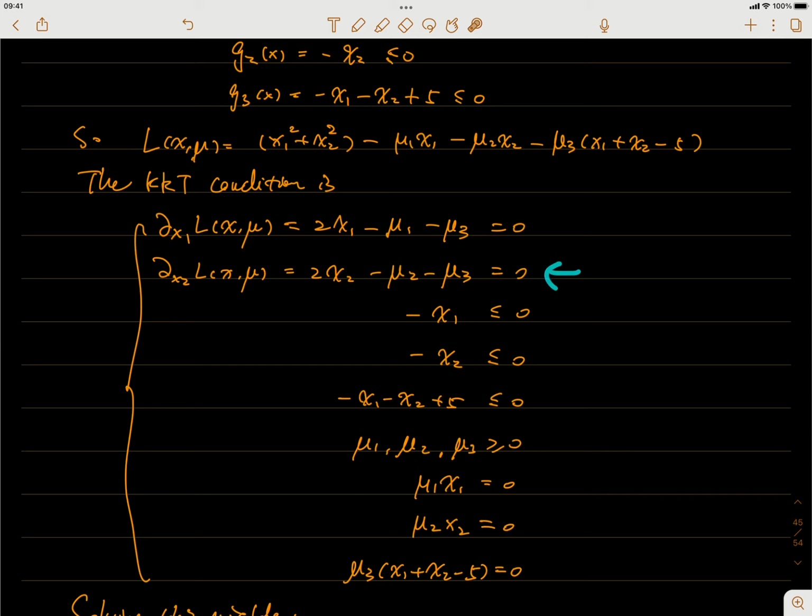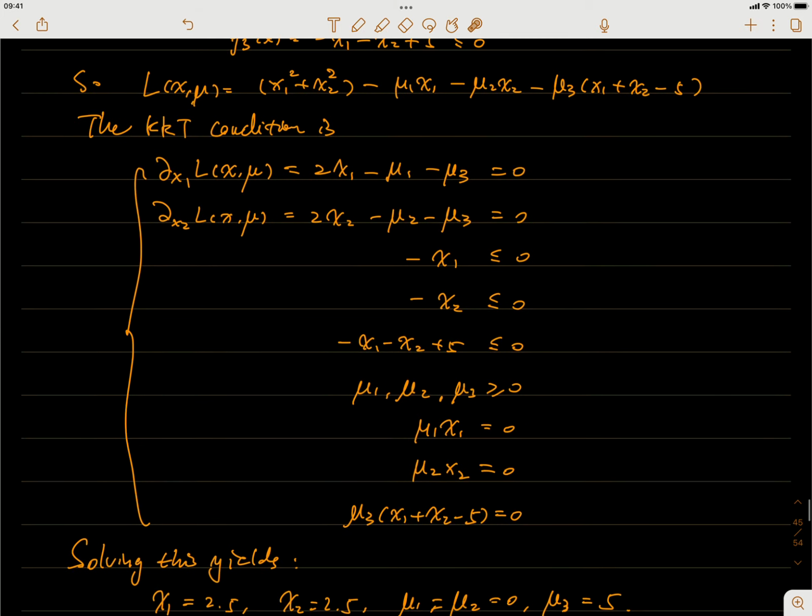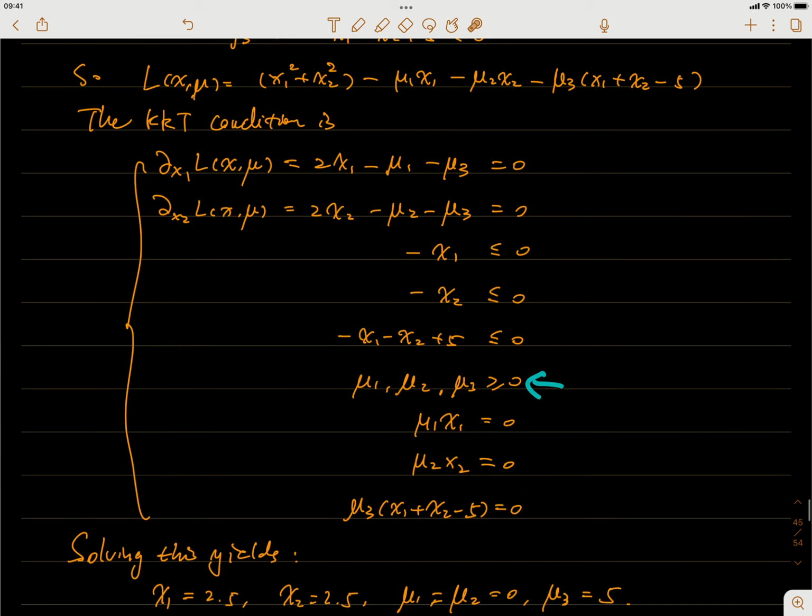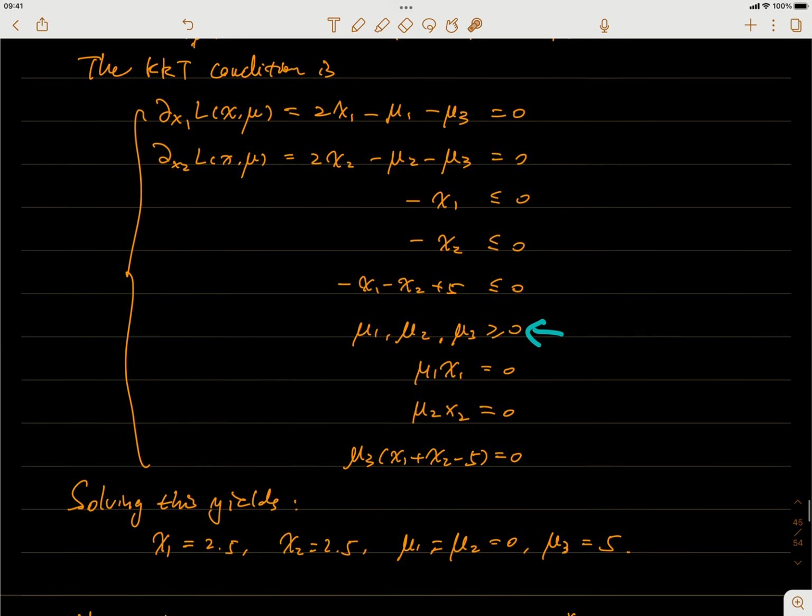Similarly, we can get this one, the partial derivative of L with respect to x2. Then these are the three inequality constraints of the original problem. Then we have the KKT multipliers, which must be non-negative. Then we have the complementary slackness conditions, these three.